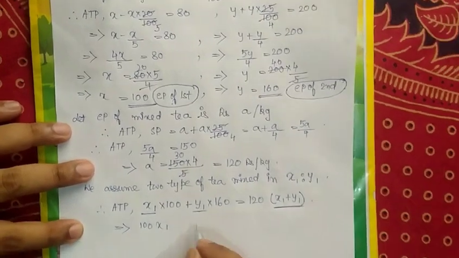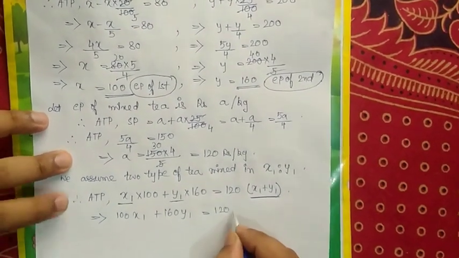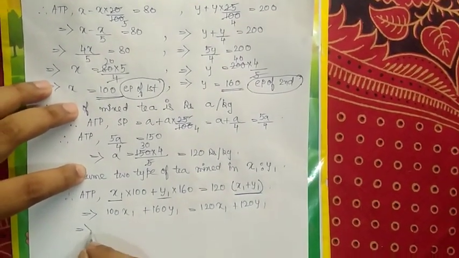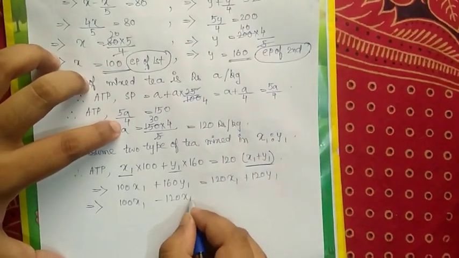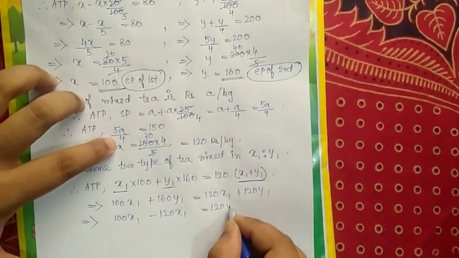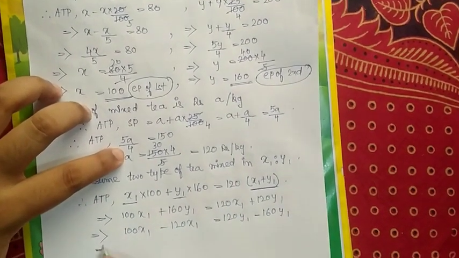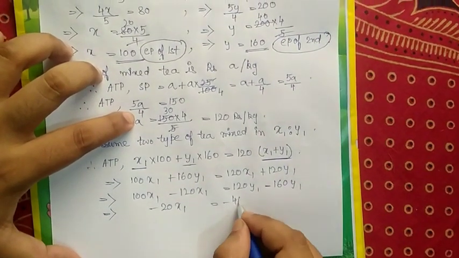100x1 plus 160y1 equal to 120x1 plus 120y1. 100x1 minus 120x1 equal to 120y1 minus 160y1. Minus 20x1 equal to minus 40y1.